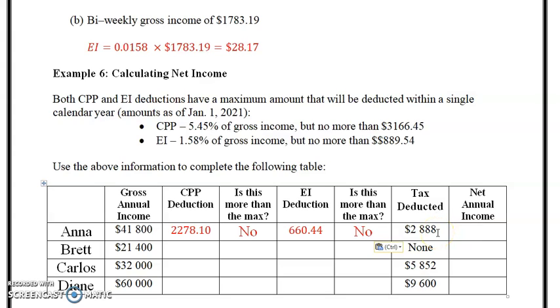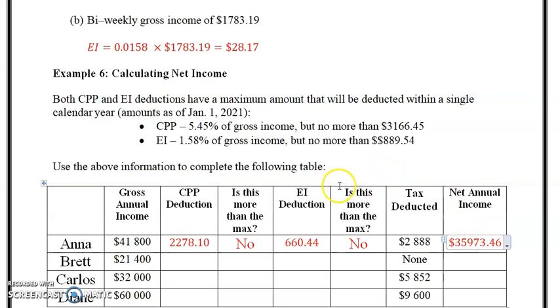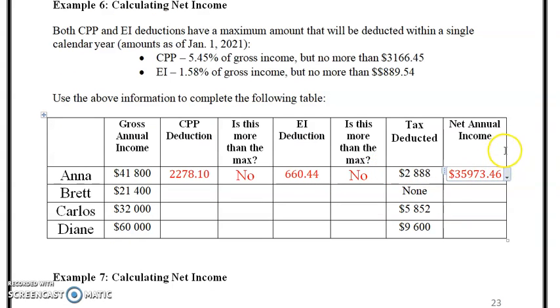So 41,800 minus 2278.1 minus 660.44 minus 2888, and we get $35,973.46. All right, and we'll put a dollar sign on our final answer.